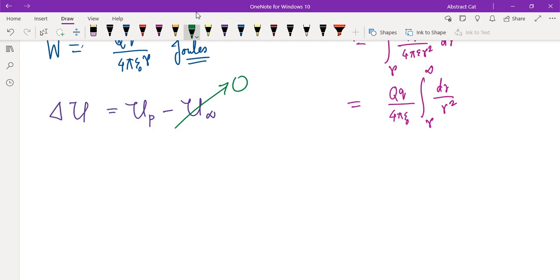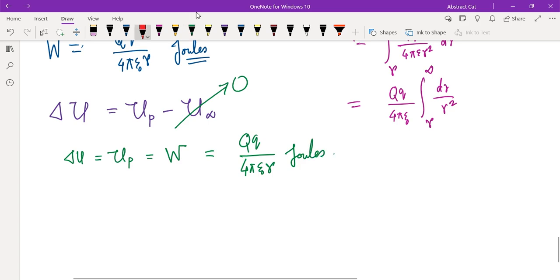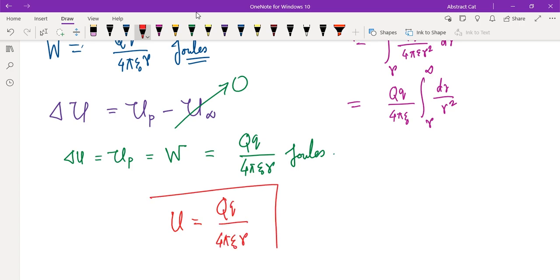So delta U equals U P, and the change in potential energy is equal to the work done. So finally we get capital Q small q over 4 pi epsilon naught r joules. That's the final expression: U equals capital Q small q over 4 pi epsilon naught r. That's the potential energy. Okay, clear the concept.